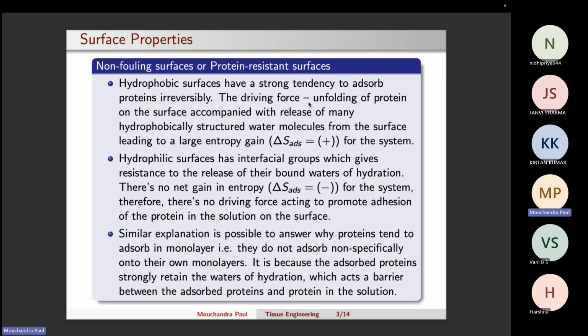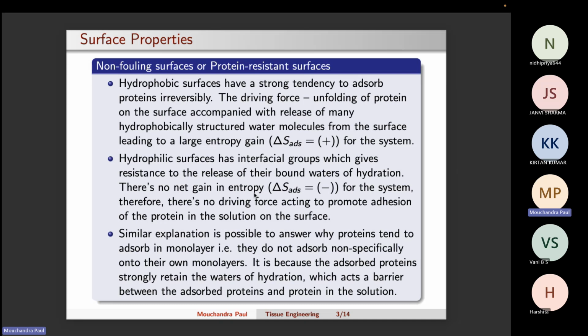So these water molecules are not easy to detach because they are loving that area. They are strongly bound to that surface. Because of this there cannot be a net gain in entropy. So there is no net gain, and the driving force for protein adsorption is basically negligible.